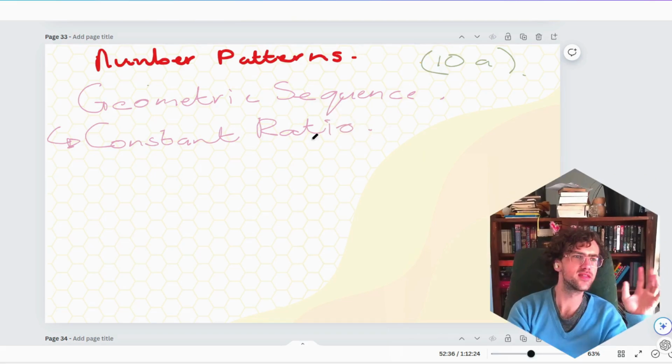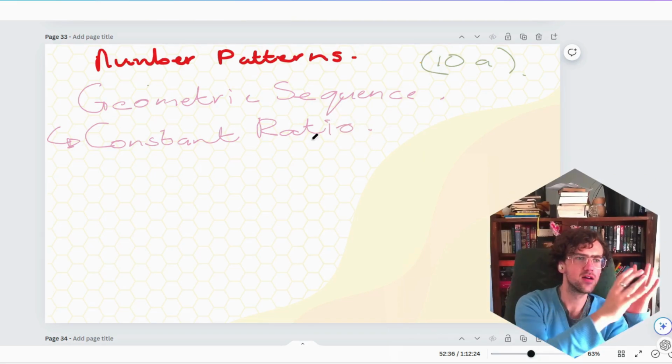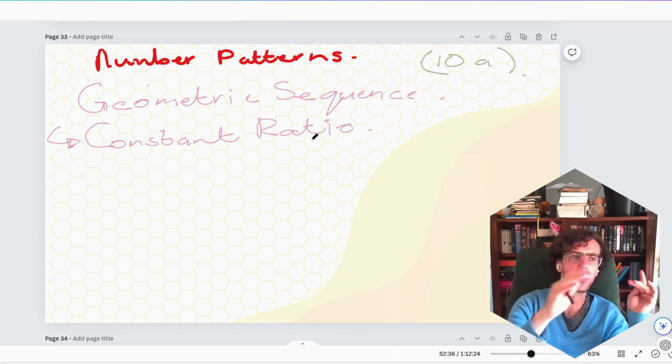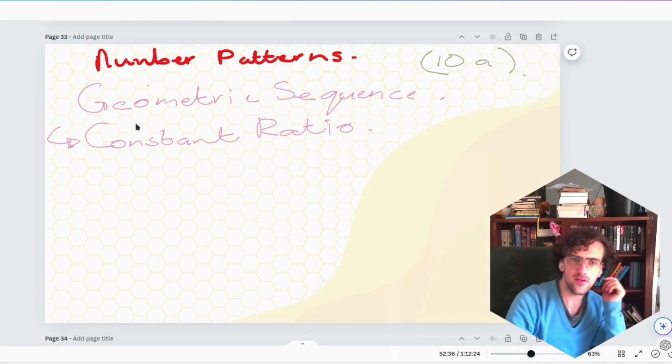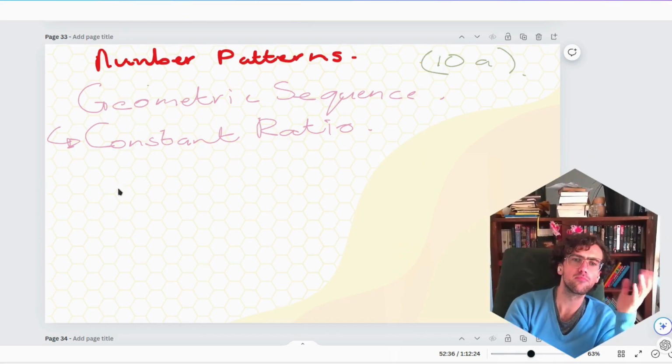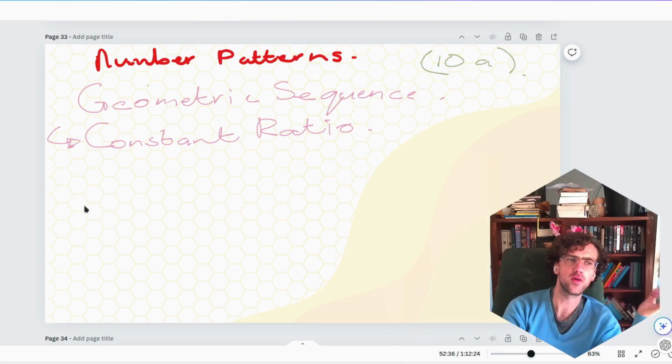So the ratio between the first and second terms and the second and third terms are the same. Let's create one quickly.